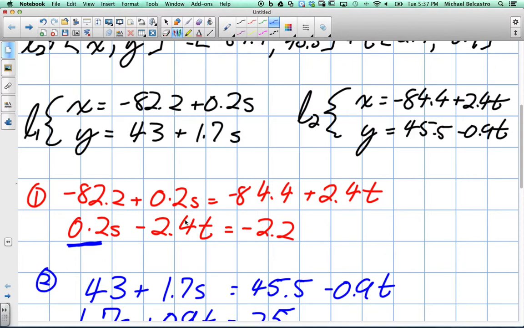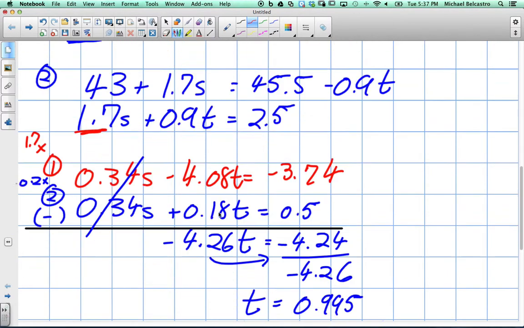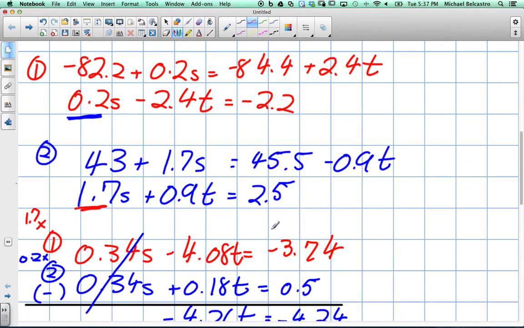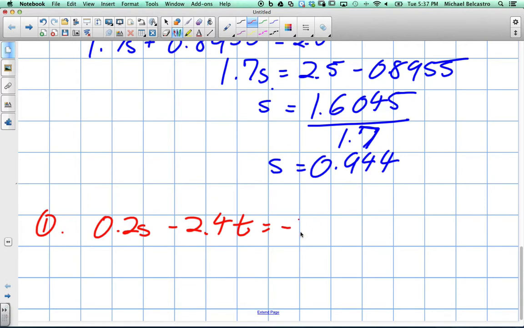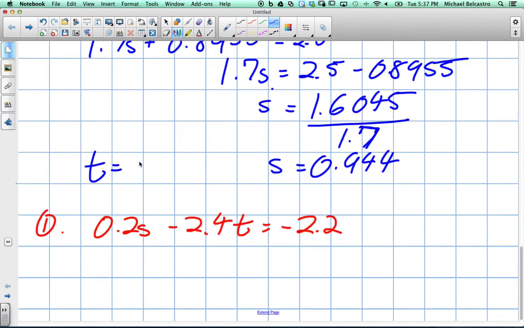Okay, so I guess we'll take our equation 1, 0.2s, negative 2.4t is equal to negative 2.2. That's our s value. Our t value was, I'll just scroll up a little, 0.995. So according to this, it should all pan out very nicely.